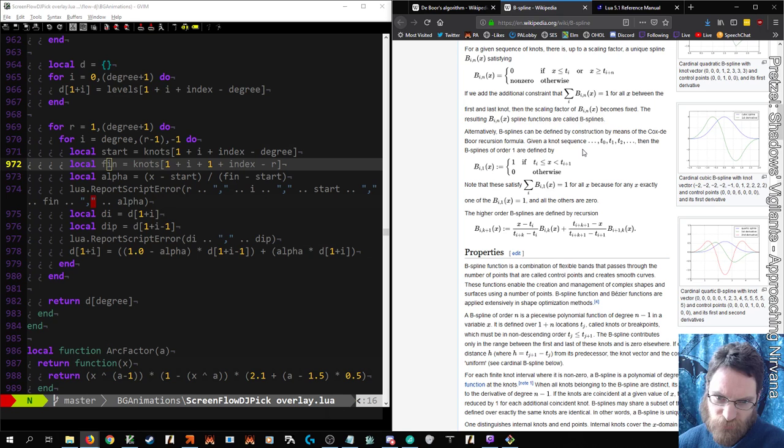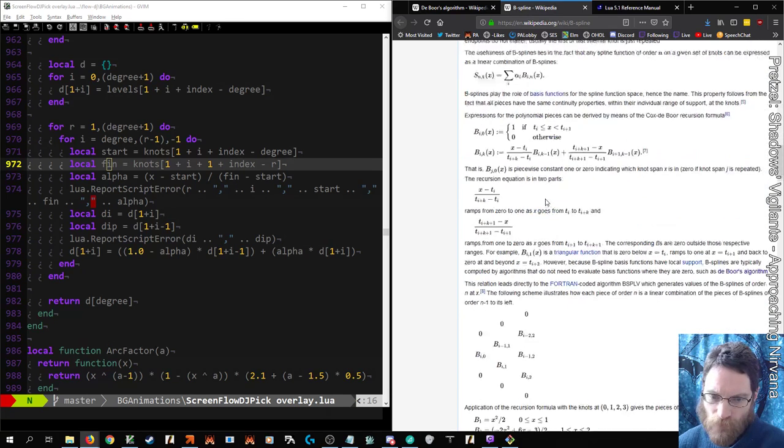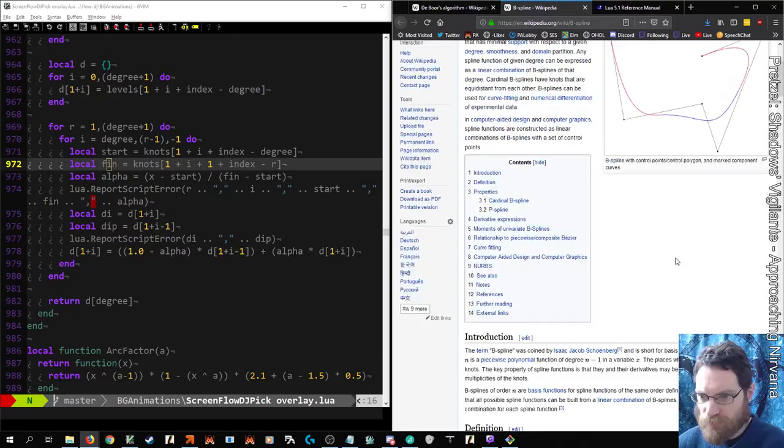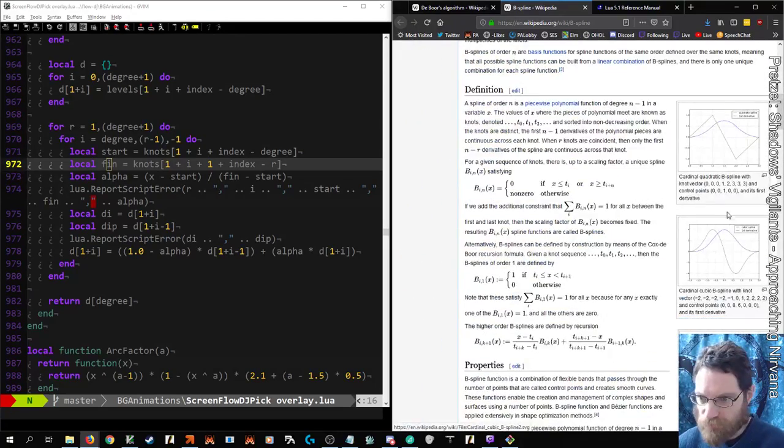I'm saying, okay, there's an influence level for each point, but okay, well, here's examples with knots. Quadratic and cubic doesn't tell me what our degree is.